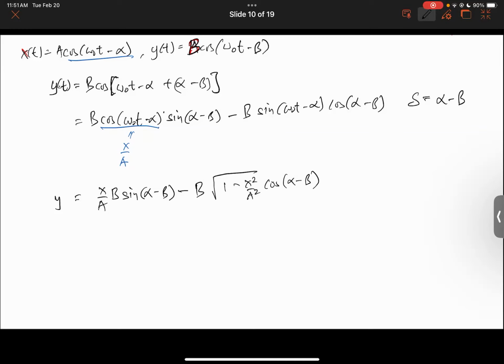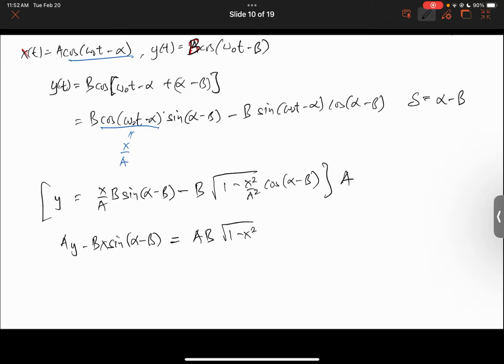We can simplify this by multiplying everything by a. So we have a y minus, and then we move this to the other side, bx sine alpha minus beta is equal to ab square root of 1 minus x squared.